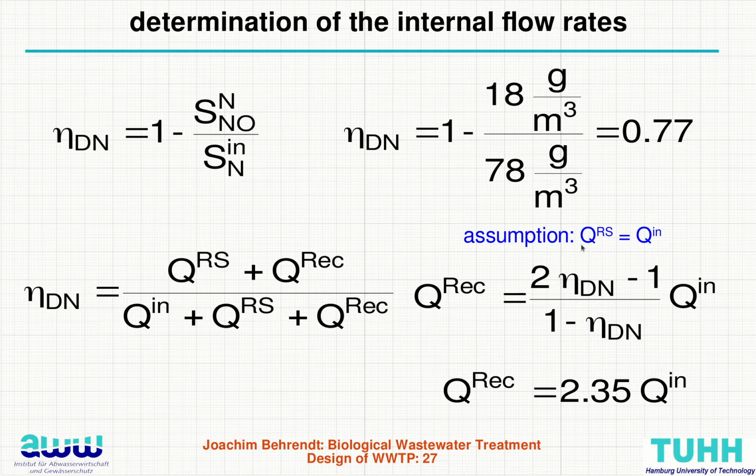Then we are assuming that our return sludge flow is the same as the inflow, so the return sludge rate is 1. Normally you are operating between 0.5 and 1; bigger than 1 is very unusual, because this is too much mixing. If we are doing so, we can calculate from this the recirculation volume flow, which is 3.5 times higher than the inflow rate.